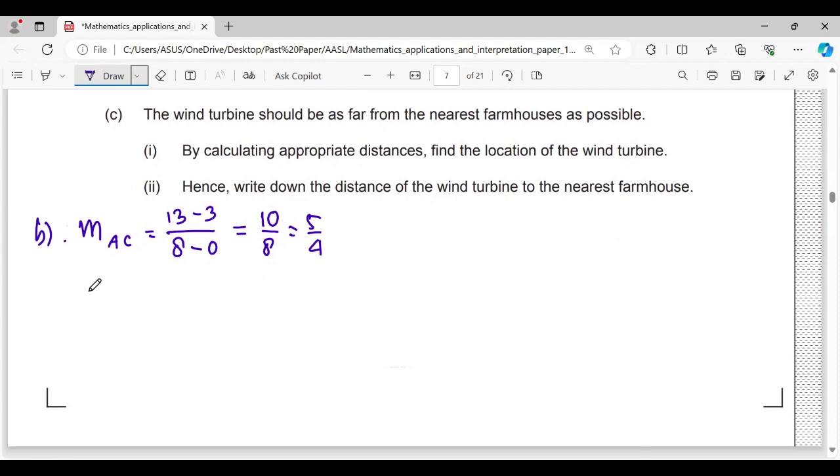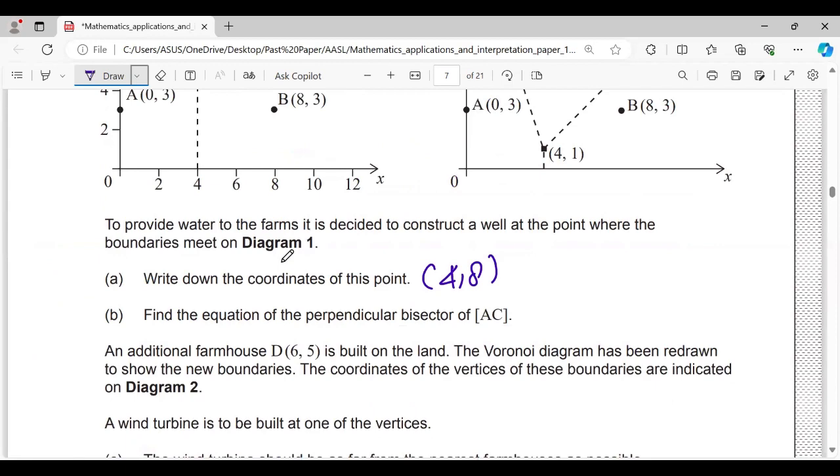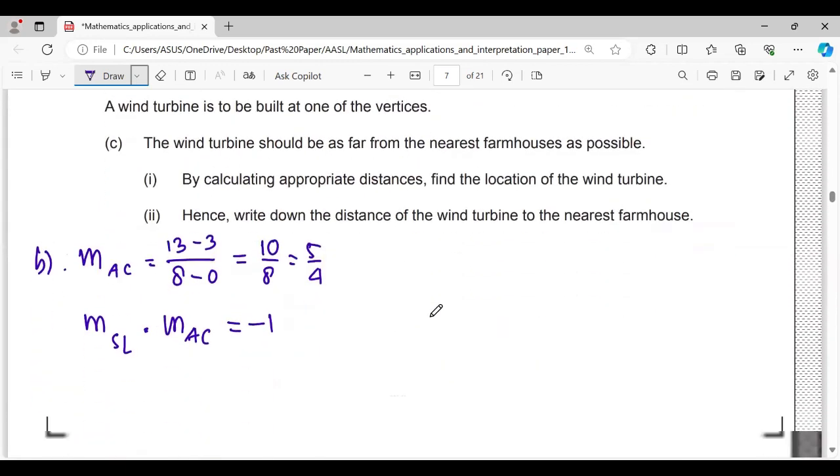Now, gradient of a straight line, I'm going to use symbol MSL, straight line, times MAC equals -1 because they are perpendicular to one another, perpendicular bisector of AC.